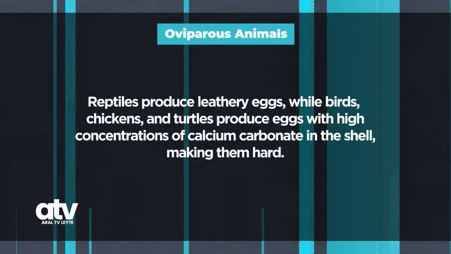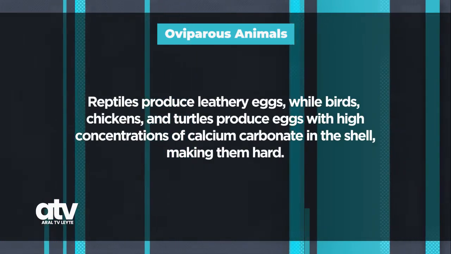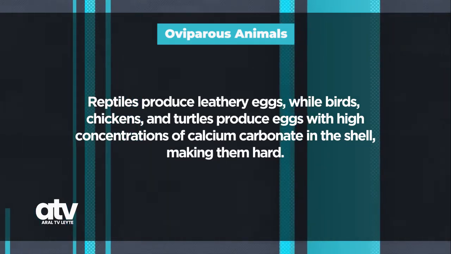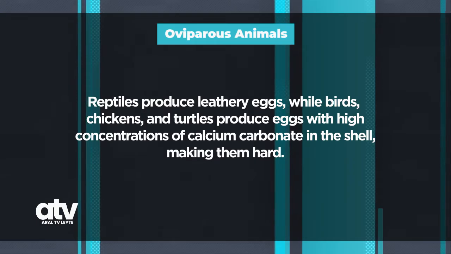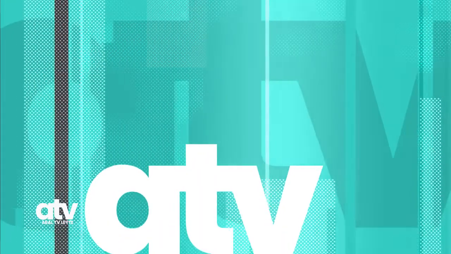Reptiles produce leathery eggs, while birds, chickens, and turtles produce eggs with high concentrations of calcium carbonate in the shell, making them hard. Alright, remember, both oviparous and viviparous animals are produced through internal fertilization.